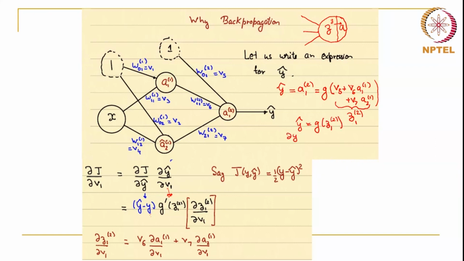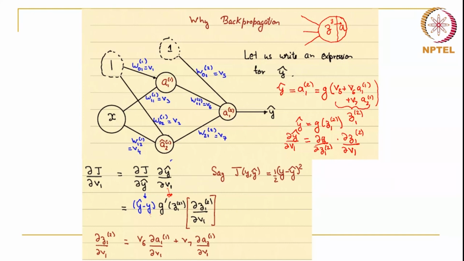Then if I do del y hat del v1, that you can see here. This is del g del z1 multiplied by del z1 del v1. This is simply g prime z1 multiplied by del z1 del v1.